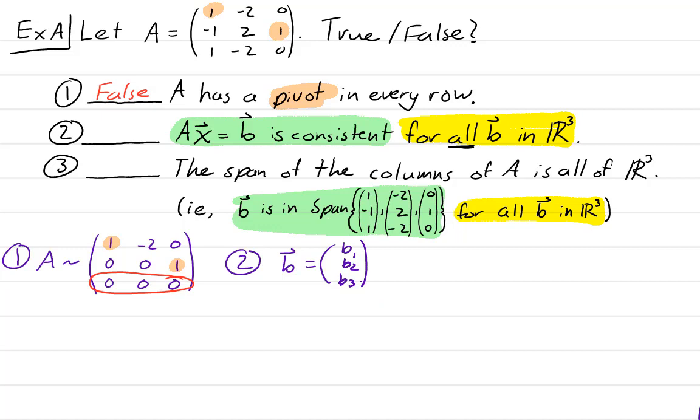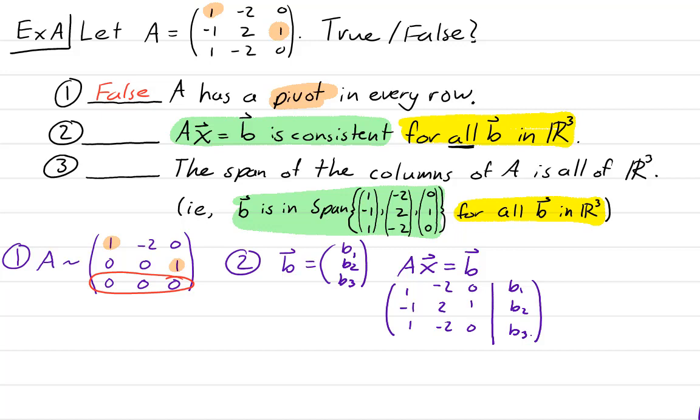So that's b, and any vector b in R3 can be written like that. And so the Ax = b equation then we could write as an augmented matrix with the b's on the other side. And then we could row reduce this using the exact same steps we did before.